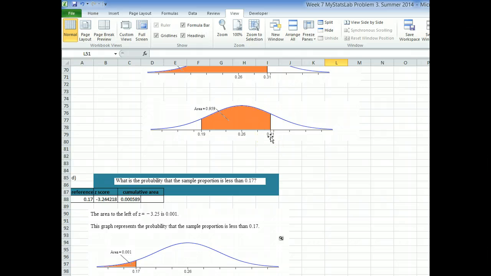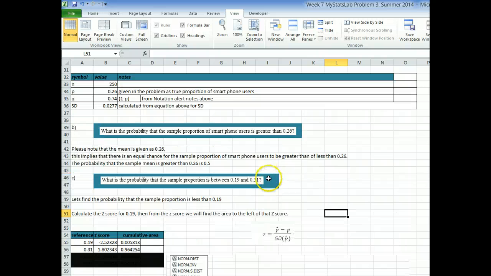I can show you how to find the probability that is less than any value. If I can find the probability that is less than 0.31 and then less than 0.19, I can then subtract those two to give you this common area. So let's go ahead and I'm going to show you how to do that.